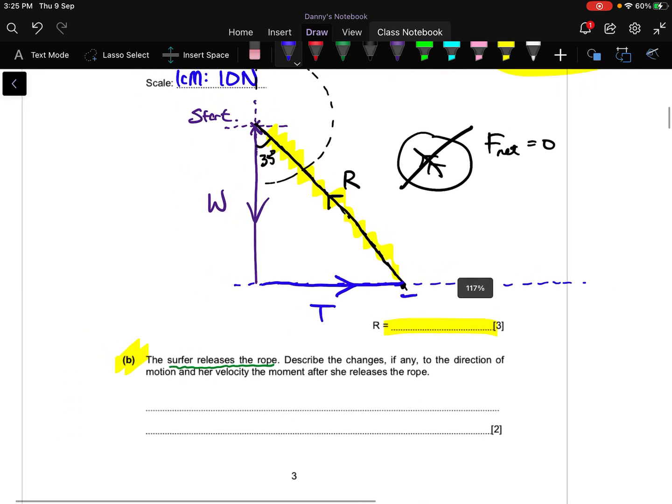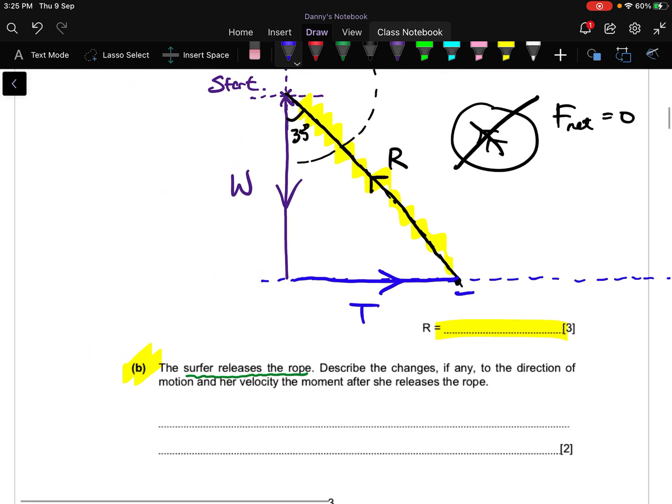If I do not have tension, what will happen to my free body diagram is that I will have something like this, right? If I lose the tension, I have something like that. Can you see that this looks like a start point and this looks like an end point? Meaning that most likely I will have a net force in this direction.